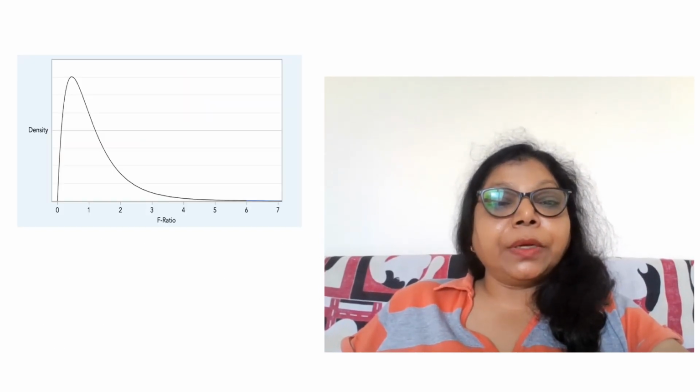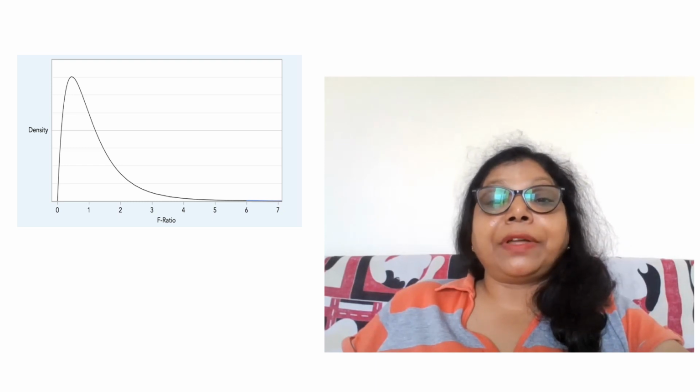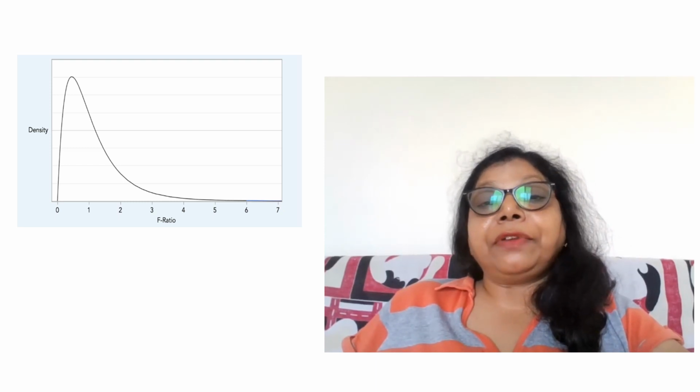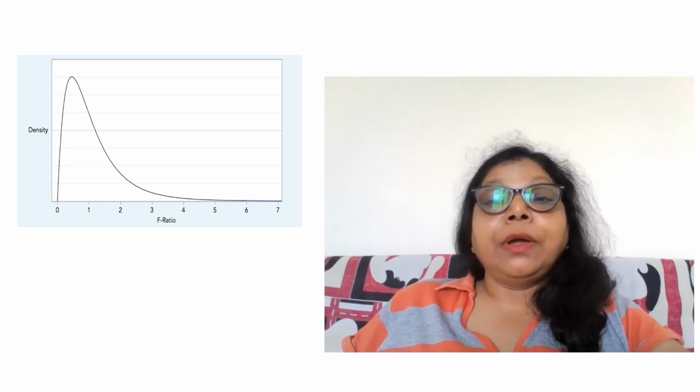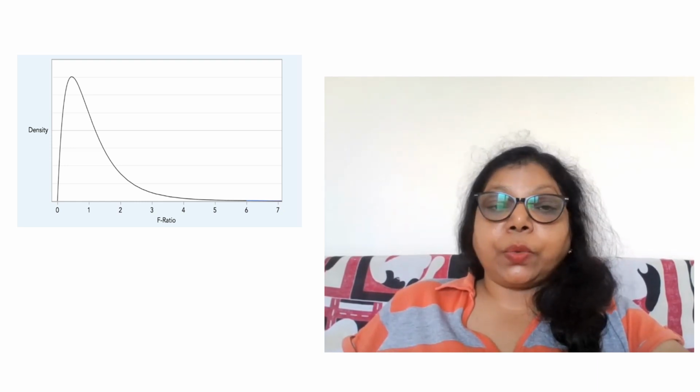As you can see from the graph also, the F ratio gives us the values, and we can see the density and the F ratio. The ratio of MS of the factor to MS of the error has an F distribution, and the F distribution is the distribution of the F values that we would expect to observe when the null hypothesis is true, that is, the means are equal.